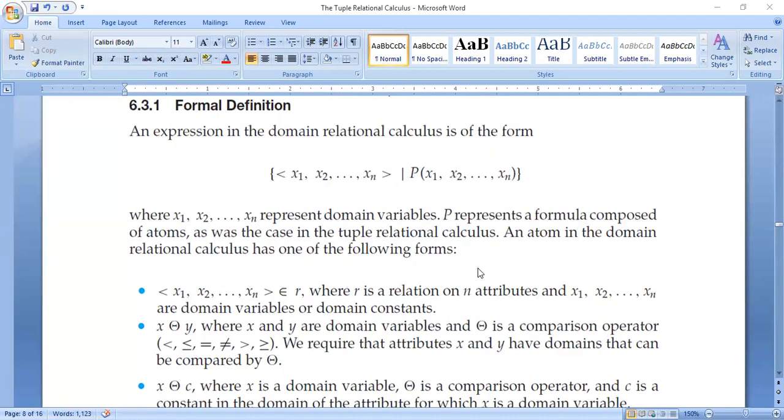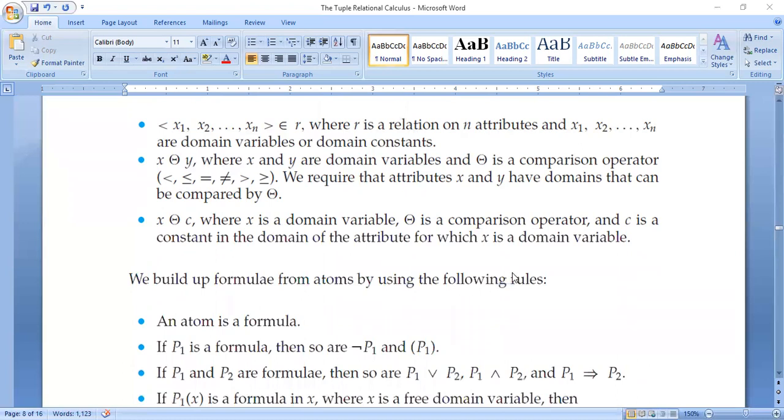An atom is a smaller part of this predicate, and it consists of a formula, and this formula is based on 3 different rules which we have recently studied. The following rules are used for writing the formulas in the predicate part. The first is that an atom is a formula. So some formula we will be using in the predicate part, and each formula is called an atom.